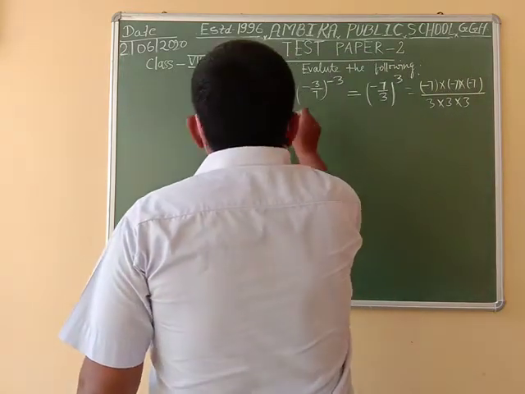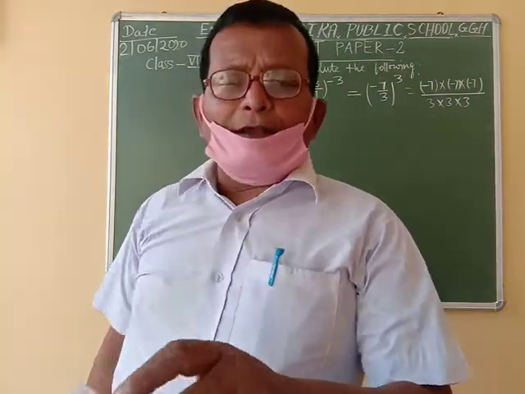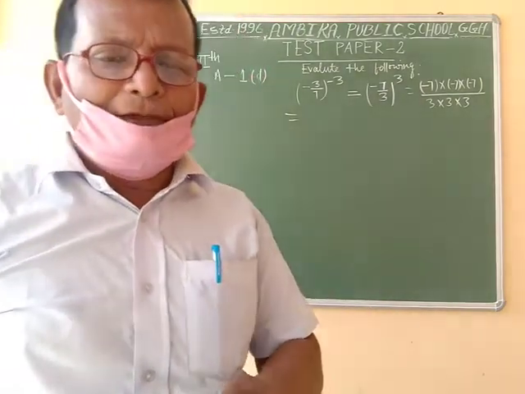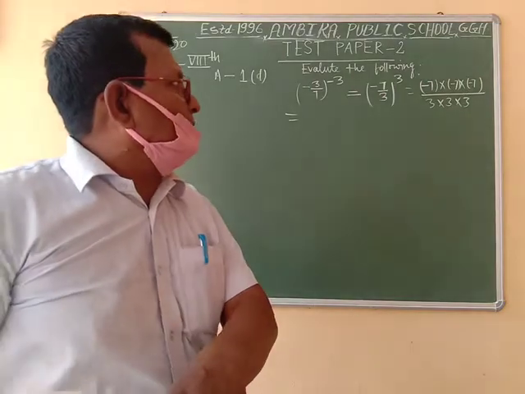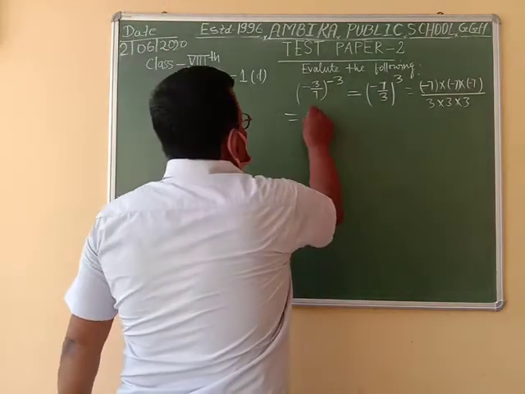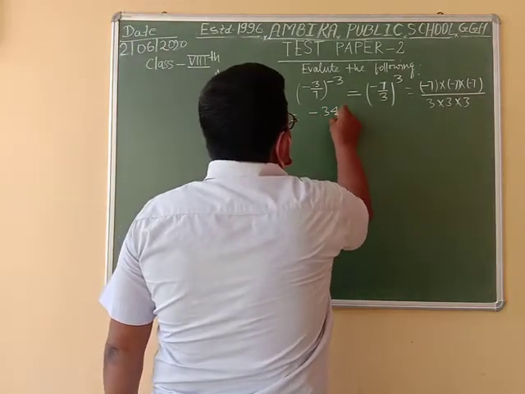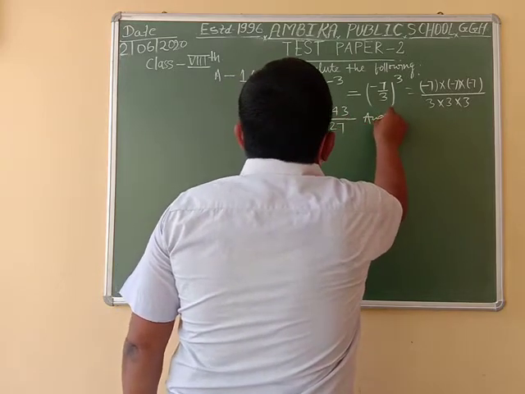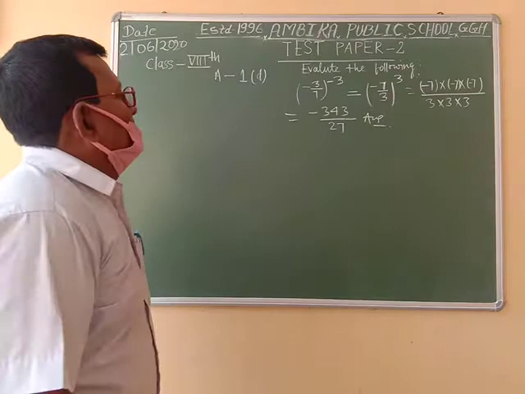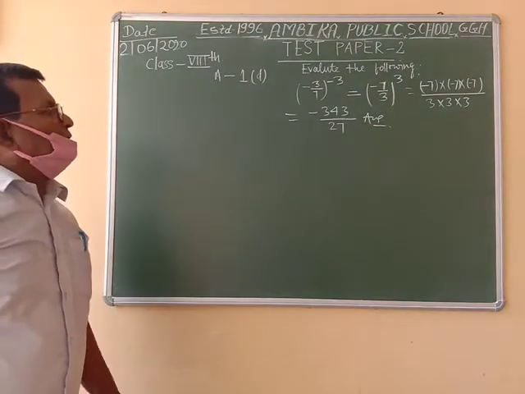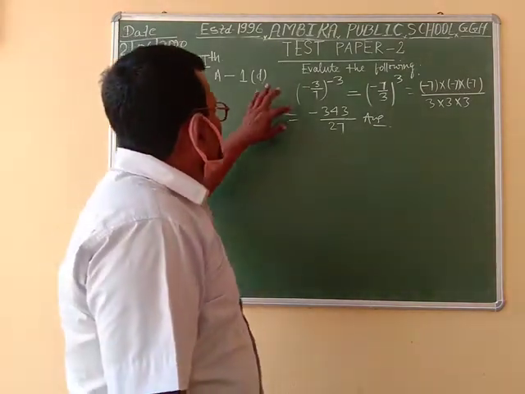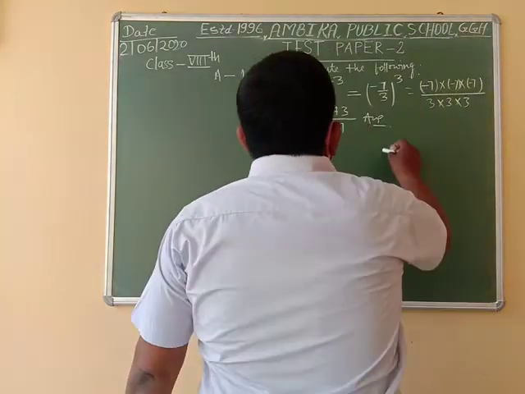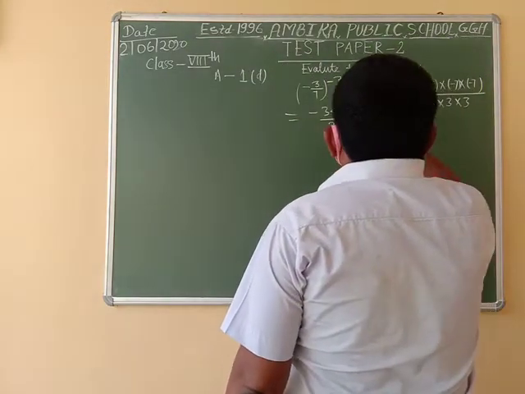So its calculation answer will be -343 by 27. To evaluate (-3/7) to the power -3, we can write (-7/3) whole to the power 3.